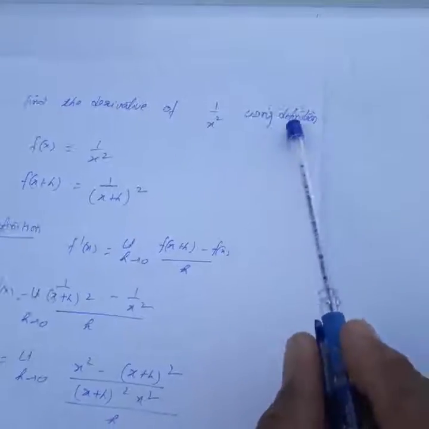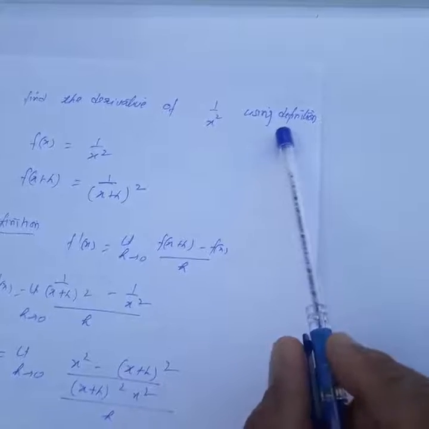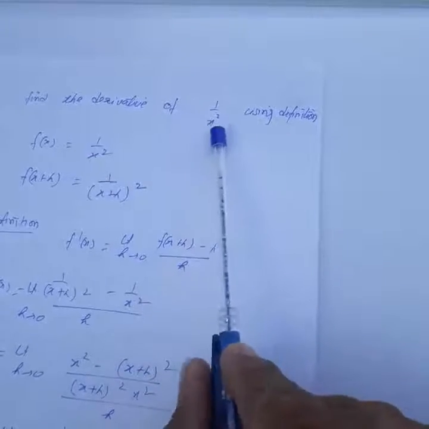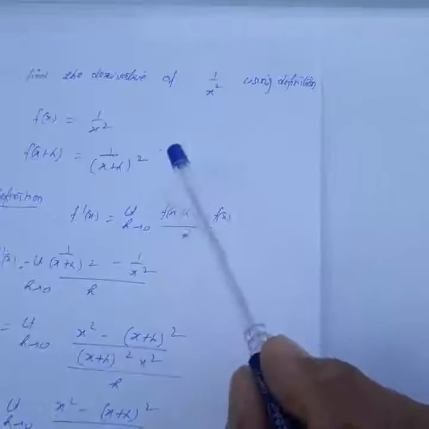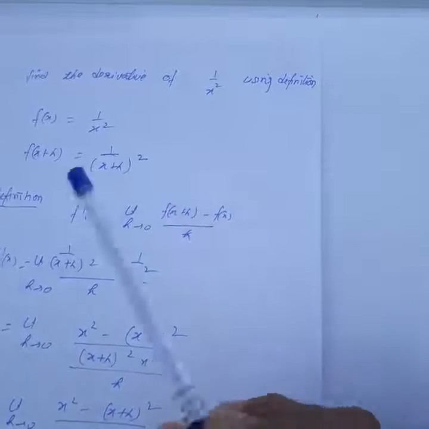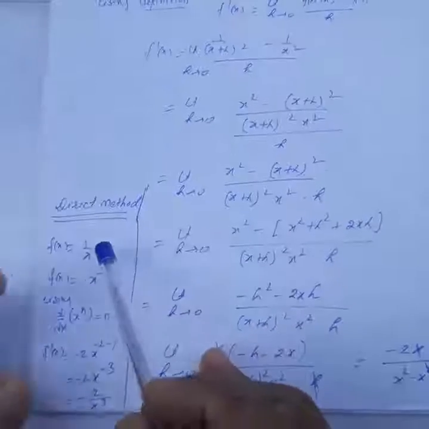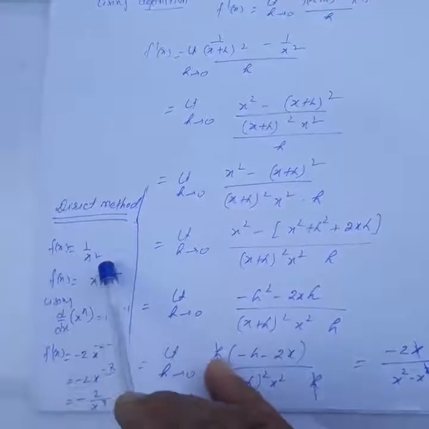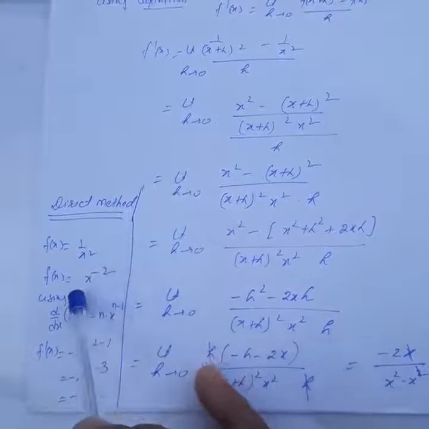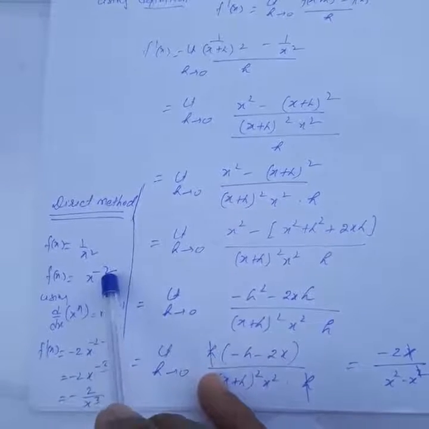Now if the word definition is not used, and you simply find the derivative, then you can use a direct method. The formulas we have discussed, the derivative of x raised to the power n. So fx is 1 upon x². 1 upon x² can be written like this, x raised to the power −2.